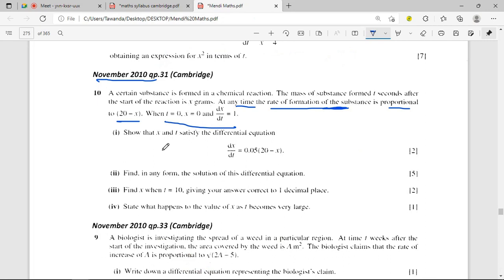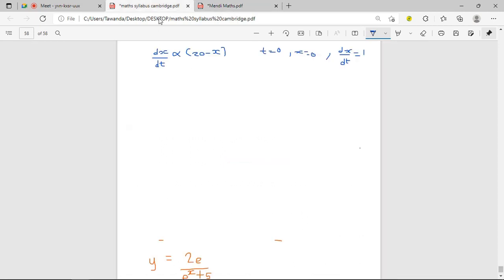And now they are saying that show that x and t satisfy the differential equation dx over dt equals 0.005 open bracket 20 minus x. So now it's a matter of simplifying this. Let's remove the proportional sign.